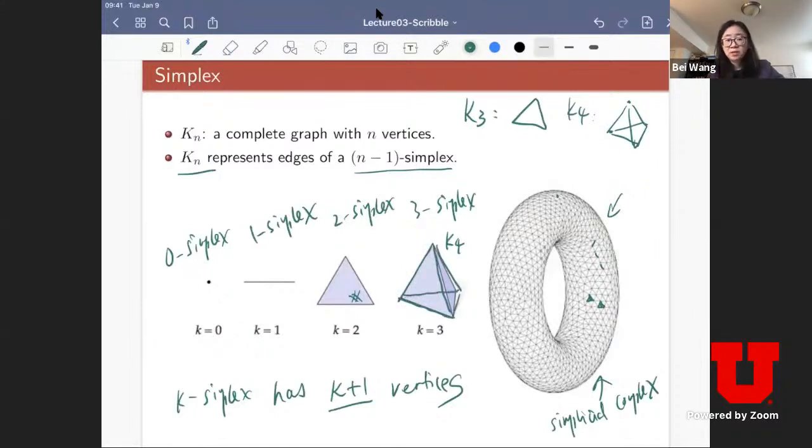I say it's the edges of it because the 3 simplex is this solid piece that includes its interior, while the complete graph is only the edges of the simplex. But that's the relation between the complete graph and a particular simplex, because for a simplex to be formed, there's an edge between every pair of vertices in the simplex.